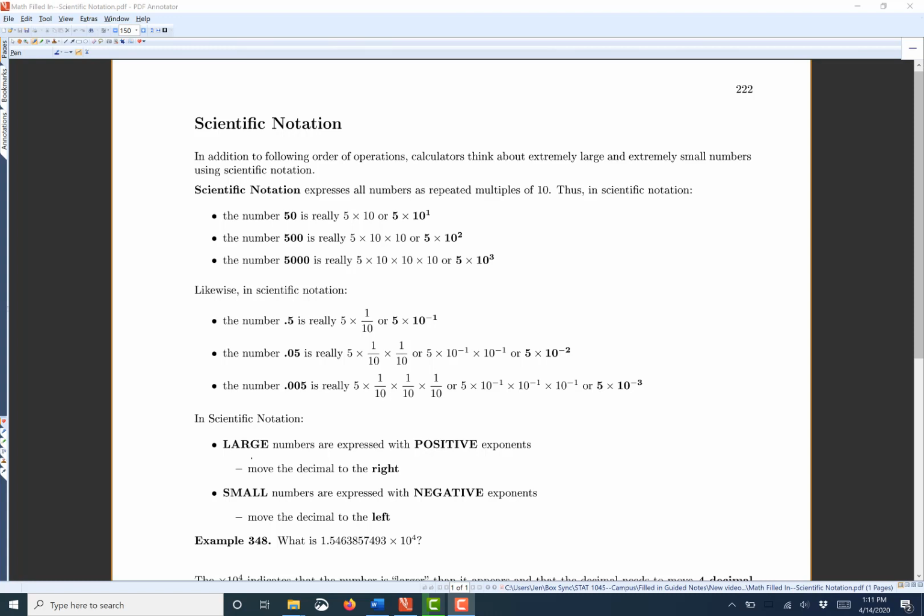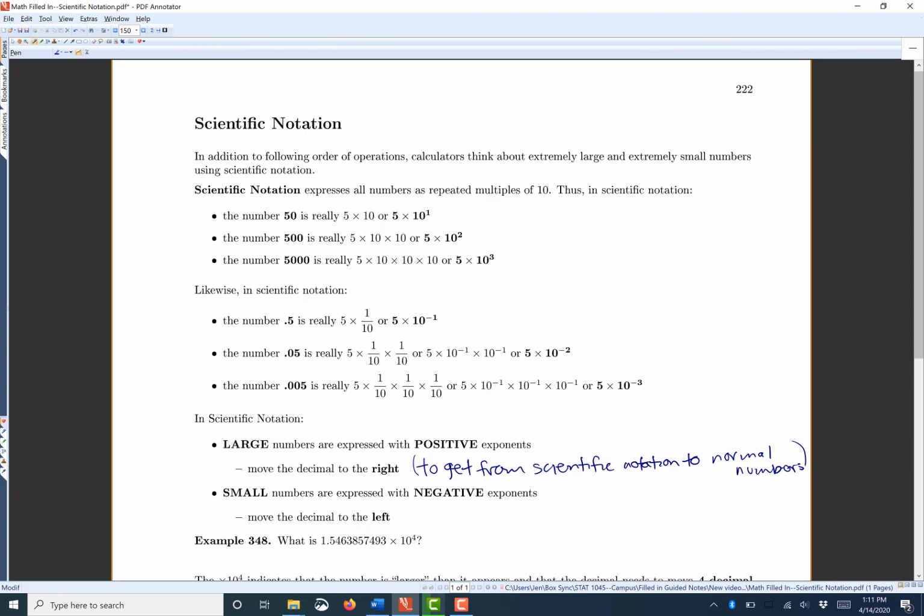So in scientific notation, large numbers are expressed with positive exponents, and that means to get from scientific notation to normal numbers, we just move the decimal to the right.